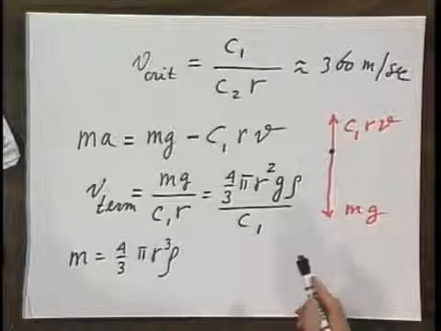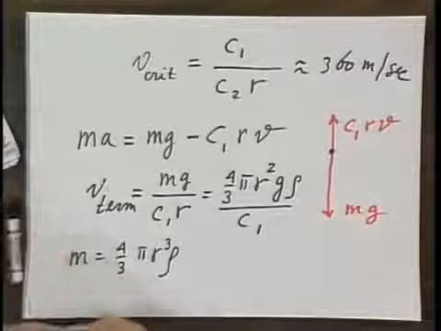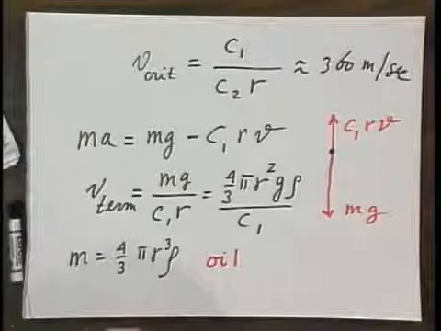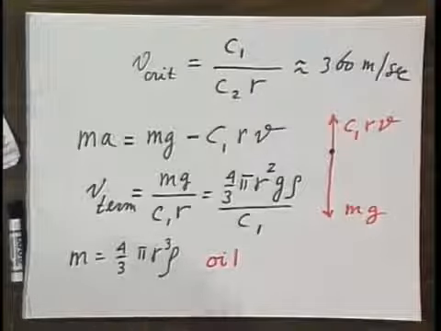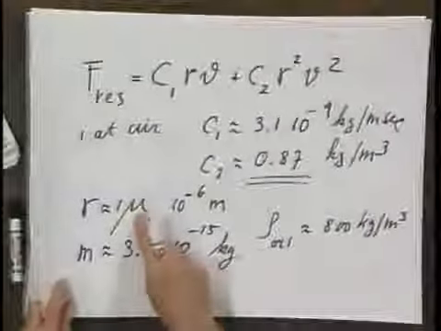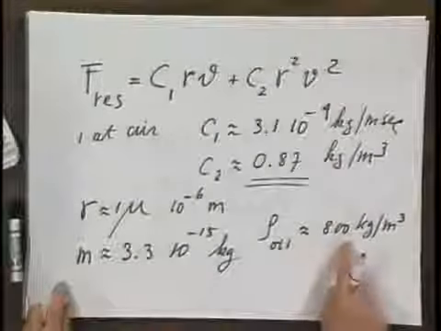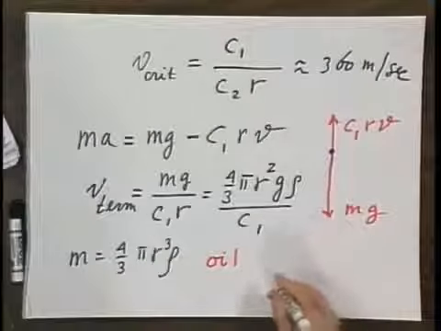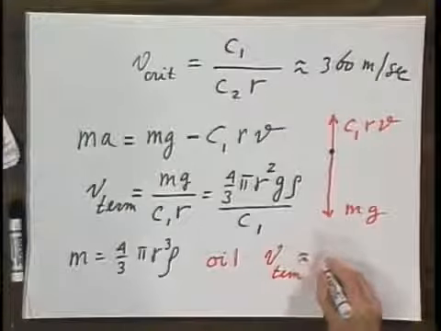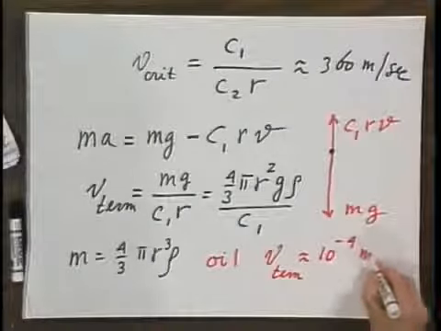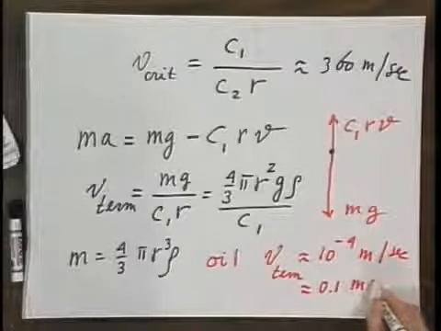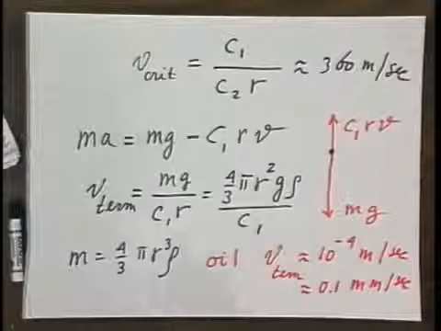And so you can calculate now what the terminal velocity is for this oil drop, and I would remind you that it had a radius of 1 micron. This is the mass, and this is the density. I find a very low value of approximately 10 to the minus 4 meters per second, which is about 1/10 of a millimeter per second.